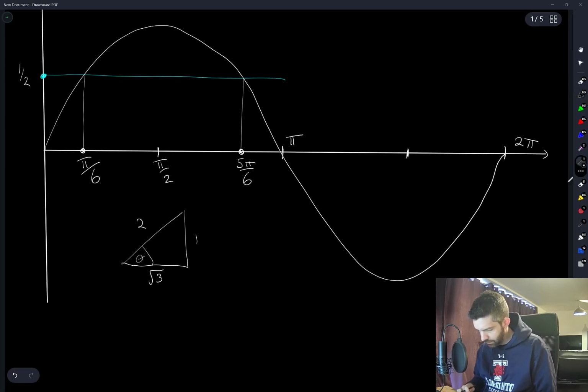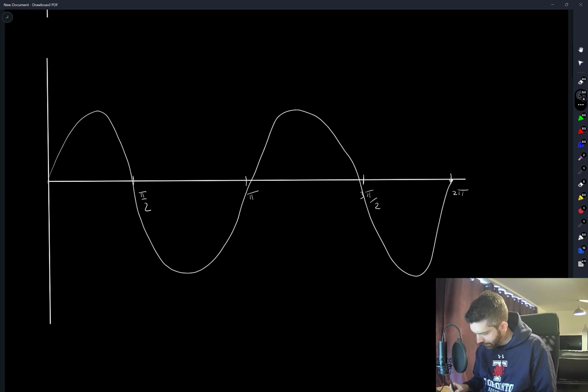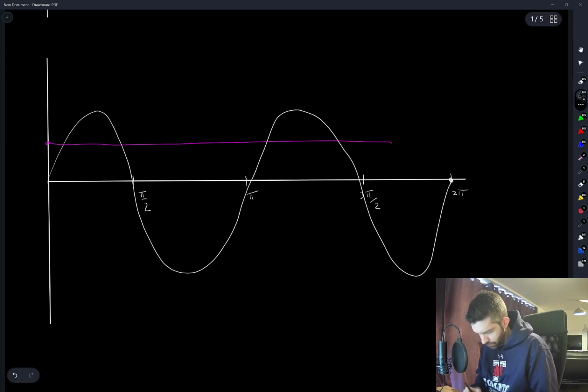And now I will do something similar for sin 2x. Very rough diagram, but I hope you get the idea of what it is we're looking for here. So we want these two values of π and these two values of π.